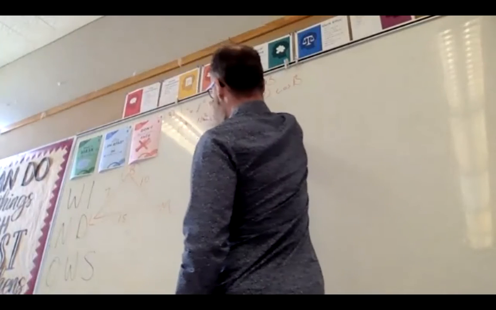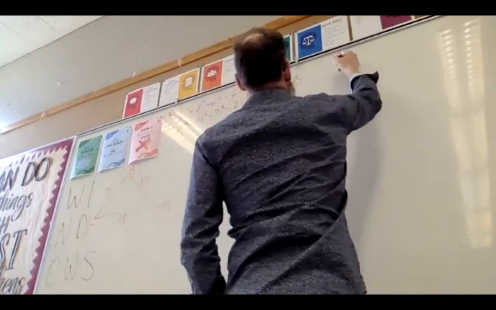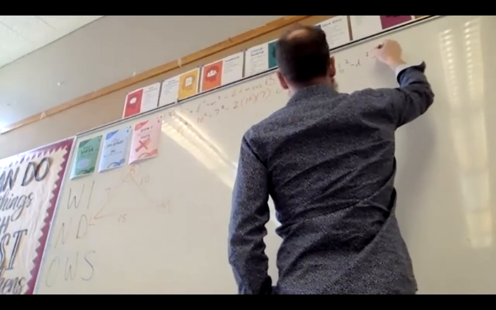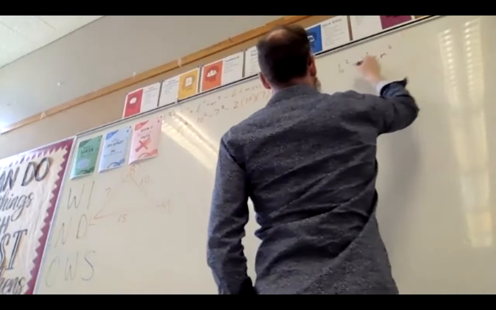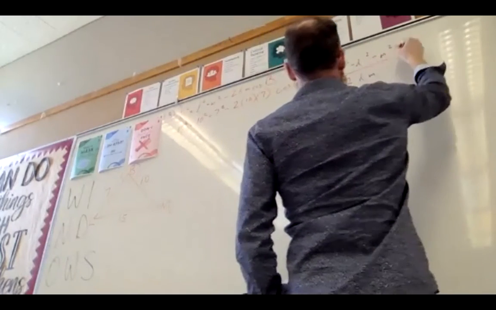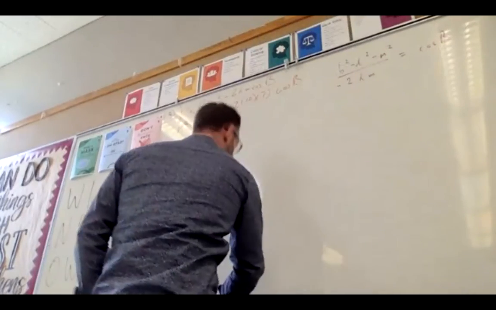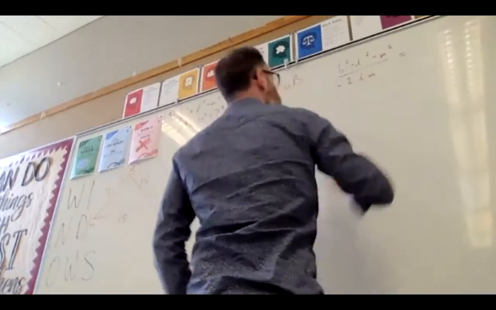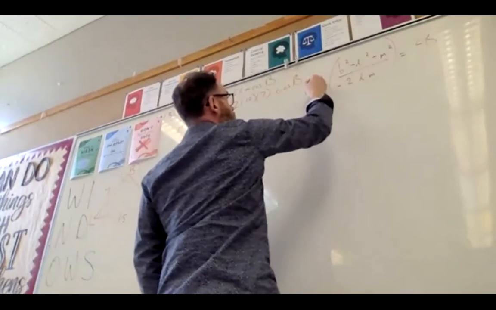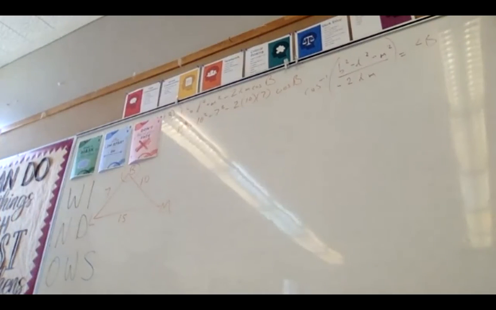But to isolate cos of B, it's going to be B squared minus L squared minus M squared all over negative 2LM, which equals cos of B. Then if you take the inverse cos of this, that will give you your angle.